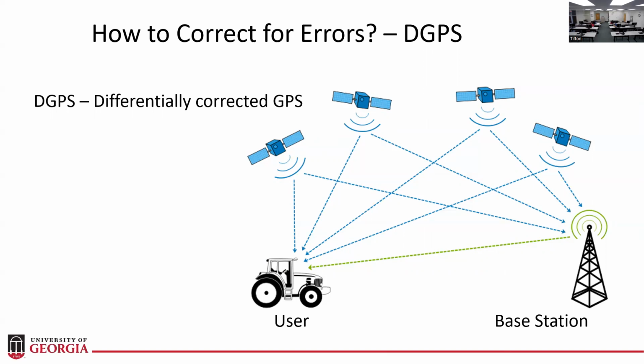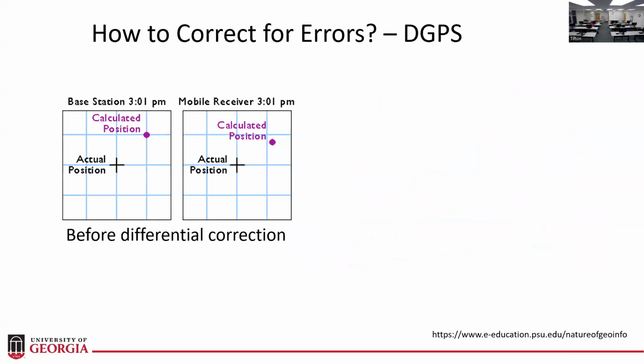Let me give you an example so it's easier to understand. Here we have an example of a base station and a mobile receiver. The mobile receiver is the GPS that you carry around.